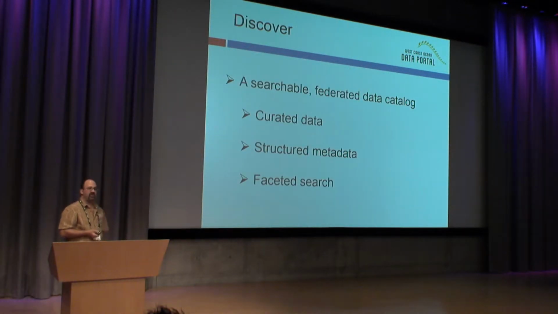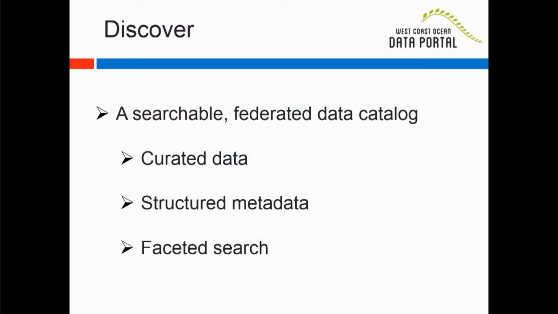So on the discovery piece, one of the biggest issues, I think, even still today with all the great data portals we have is how do you find good data? We've heard that with ArcGIS Online and some of the things that we've heard the last couple of days as well. There's so much data out there. How do you get the right data, the best data for your need?